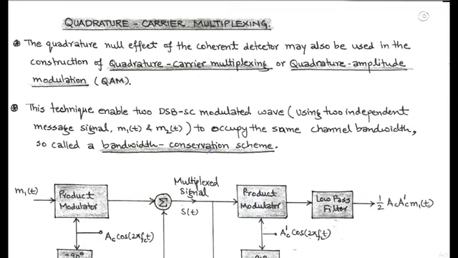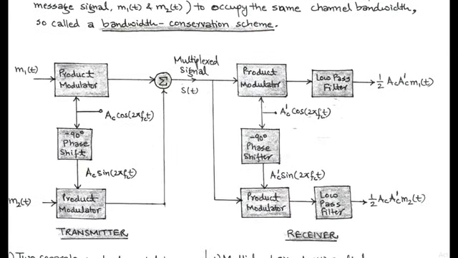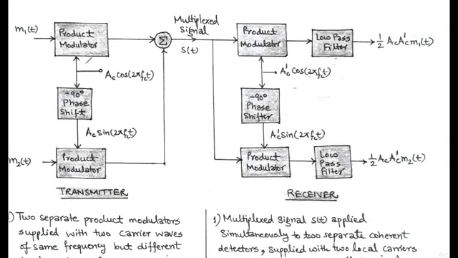The block diagram of quadrature carrier multiplexing is shown in the figure. It consists of a transmitter and a receiver. The transmitter consists of two separate product modulators that are supplied with two carrier waves of the same frequency, but there is a phase difference of minus 90 degrees by using a phase shifter.